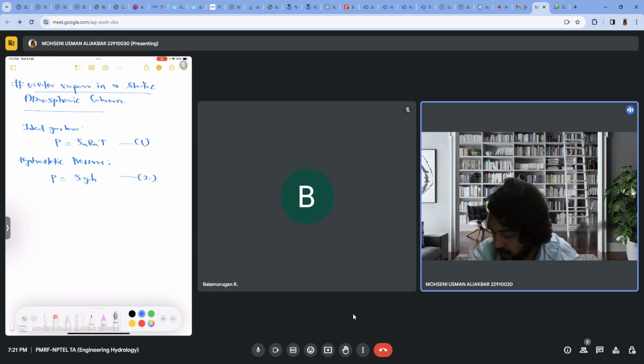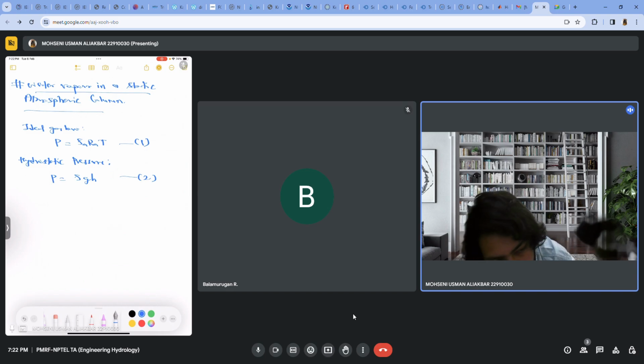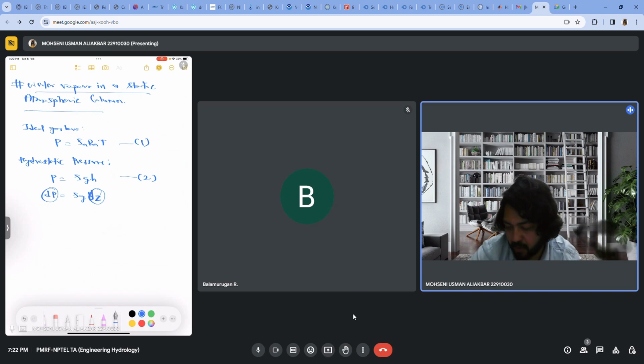So let us say the pressure change is really small, so we can name it dP. When pressure change is very small, the height change will also be very small, so we name it dz.